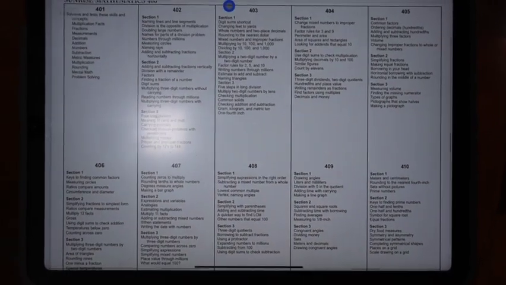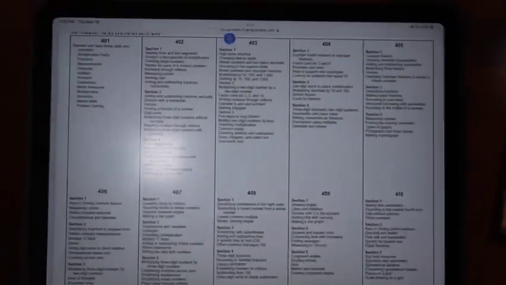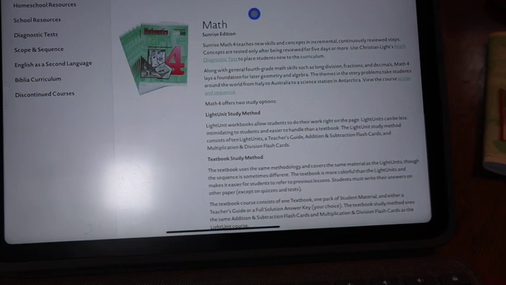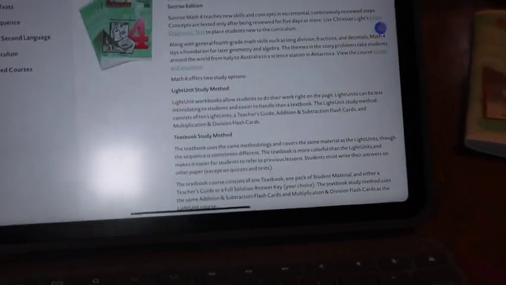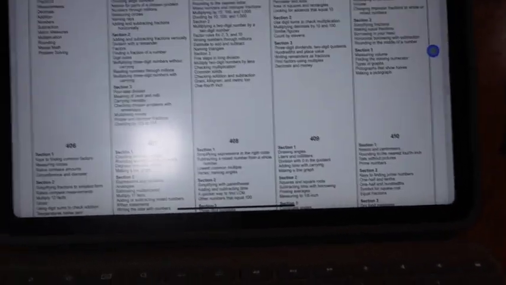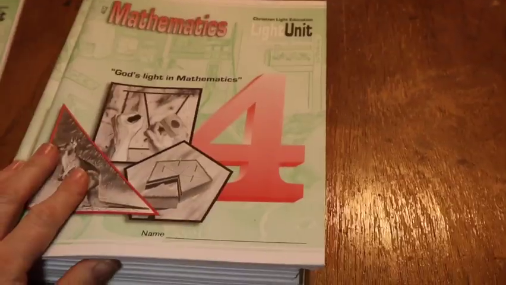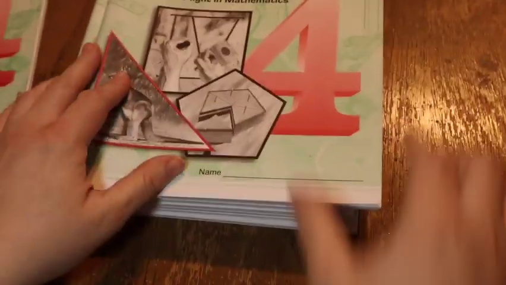Here's the scope and sequence for the math. And you can find that very easily when you go to the math page on their site and just hit scope and sequence and it pulls it right up. So I'm not going to go over that because I think it would take a lot of time up. So we're just going to do a flip through of the rest of these maths.